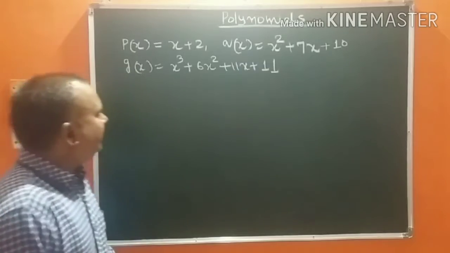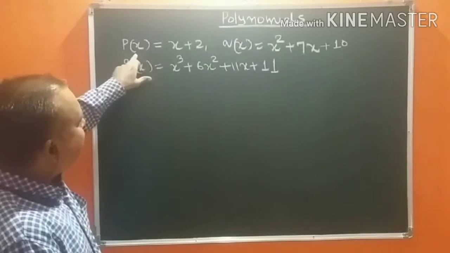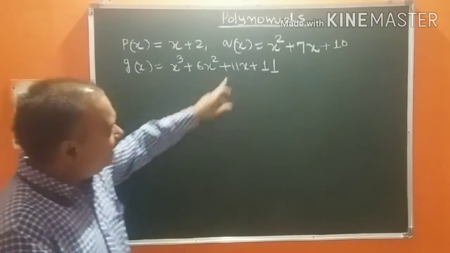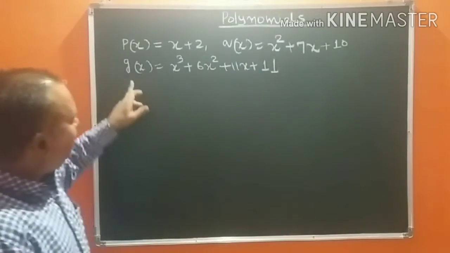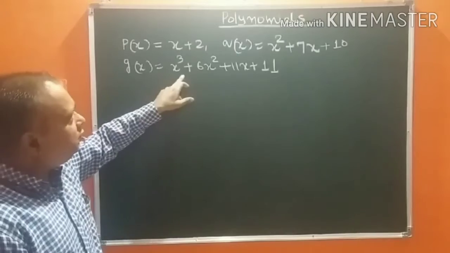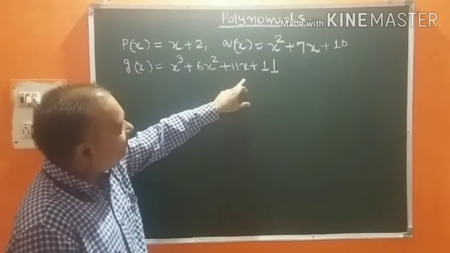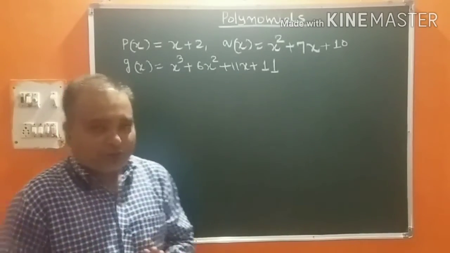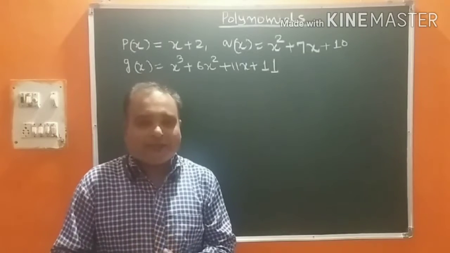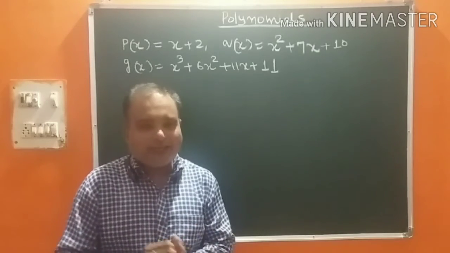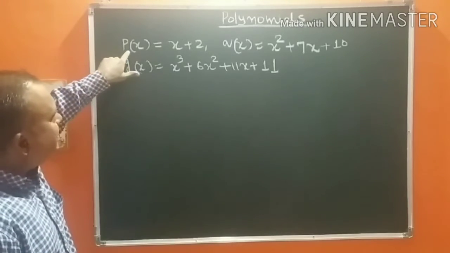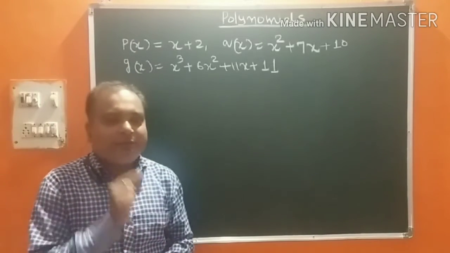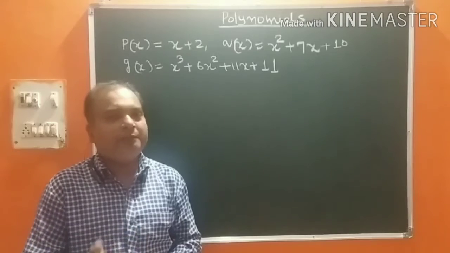Now for example, I have written the algebraic expressions p(x) equal to x plus 2, q(x) equal to x square plus 7x plus 10, and g(x) equal to x cube plus 6x square plus 11x plus 11. So I already told, polynomial is a combination of constant and variable terms. p(x) simply is a notation for polynomial.